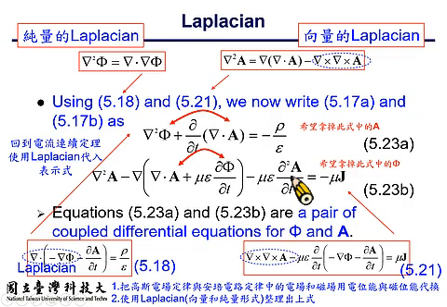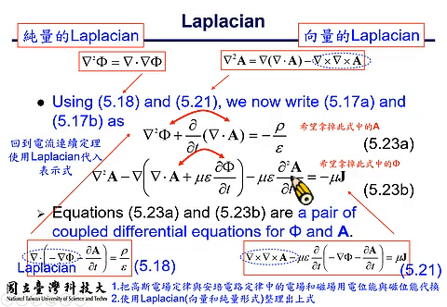In the two equations, we try to express the influence of the sources, the electrical charge source rho and the electrical current source J, in terms of the electrical scalar potential phi and the magnetic vector potential A. So in the two equations, you don't see the electrical field intensity E or the magnetic field intensity H. You see phi and A, the electrical scalar potential and the magnetic vector potential.